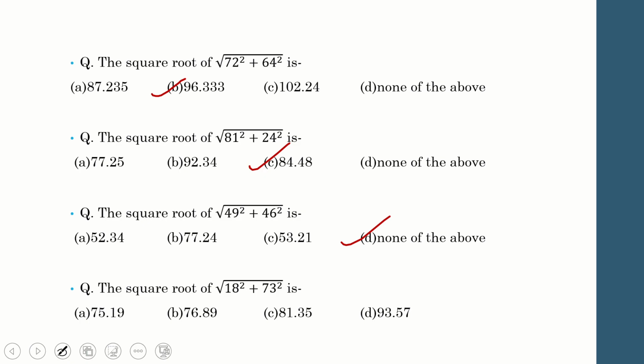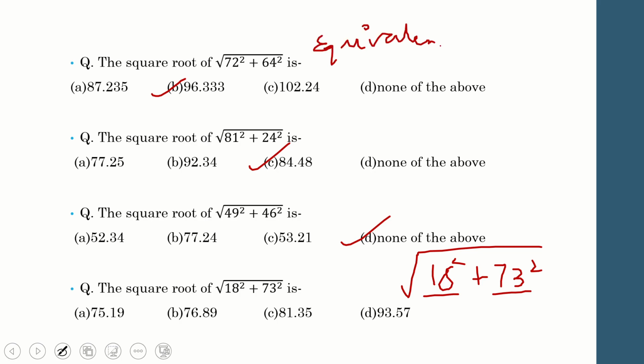So this is the last question. The square root of 18 square plus 73 square. Definitely it will come two digit. You must remember the equivalent digit concept.